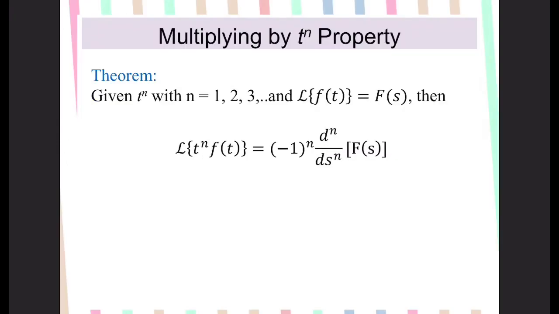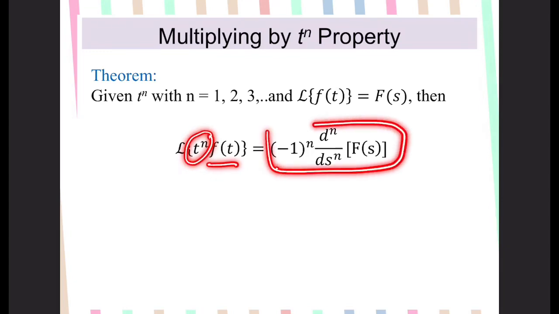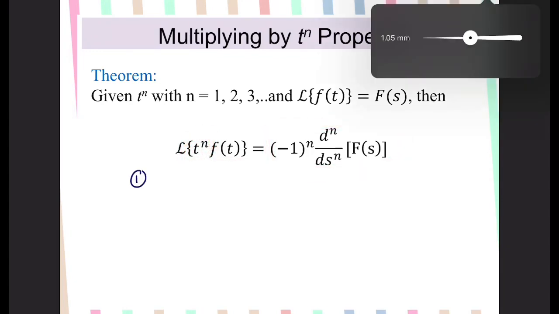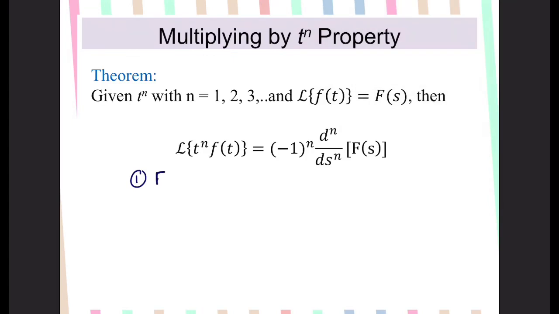Let's look at how to solve Laplace transform using this property. From the table, you can see that Laplace of t power of n multiplied with f(t) equals this formula. First step is to find n and f(t) from the function, and then from f(t), find F(s).